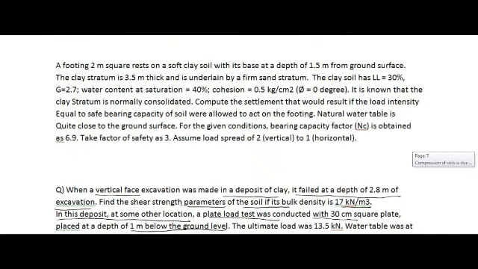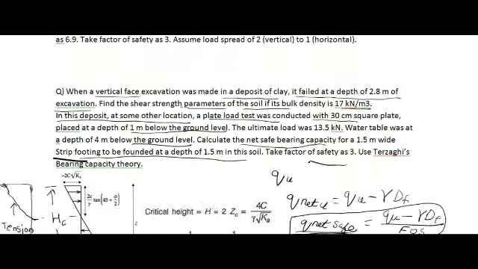It says that it's a clay deposit, and it failed at a depth of 2.8 meter of excavation. Also its bulk density is given, meaning gamma is given, so it's not an issue. And since the water level is far below, we don't have to worry.